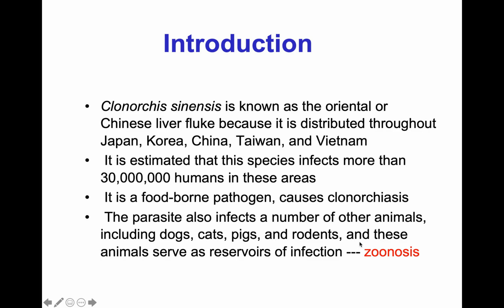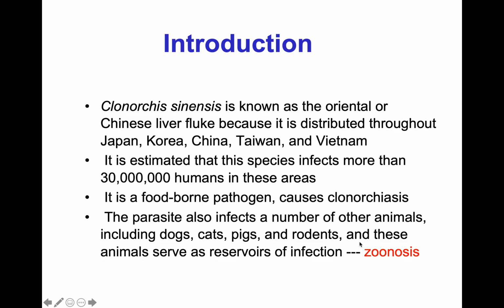And from the list of these countries, you can see these are East Asian countries. Something in common is that people here are very fond of freshwater fish, and sometimes there's a very expensive cuisine where people eat the freshwater fish fresh, not well cooked.